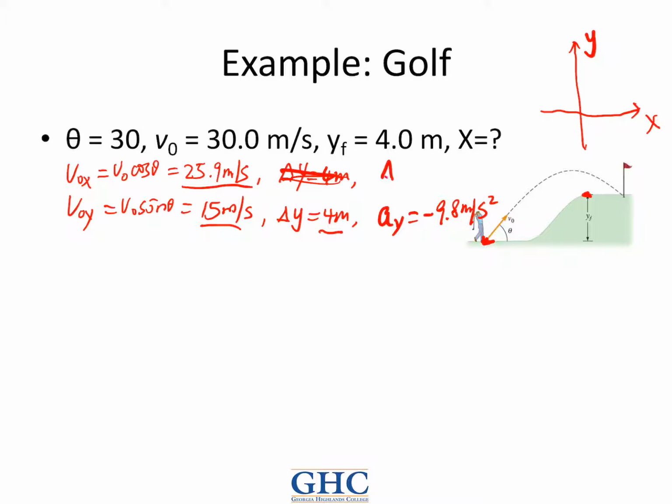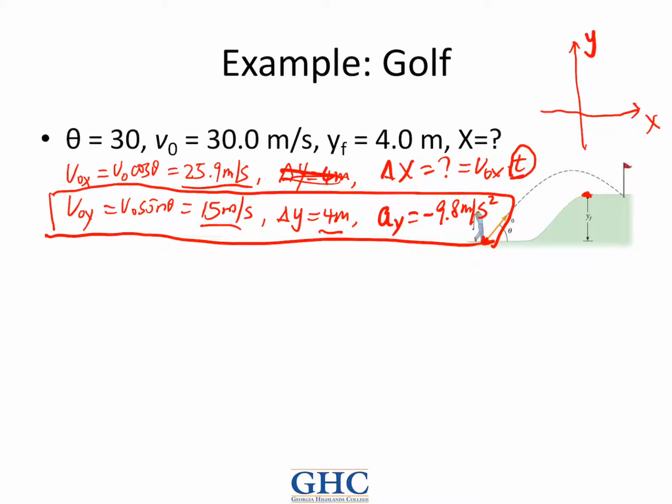We want to find the displacement in the x direction, which equals v0x times t in the air. We don't know t, but we can find it using those three quantities in the y direction. So again, you need to use the three quantities to solve for t.